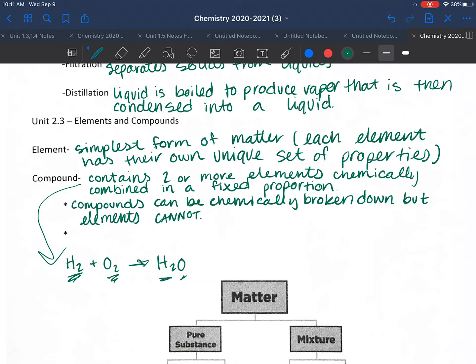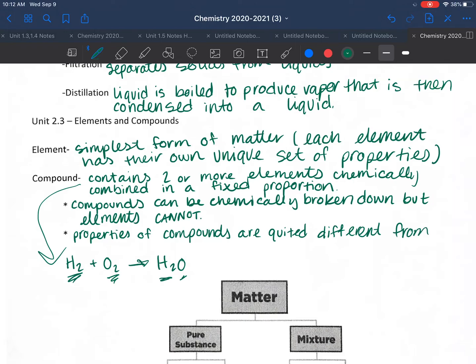Another thing to think about is that properties of compounds are quite different from the properties of the elements that make them up.